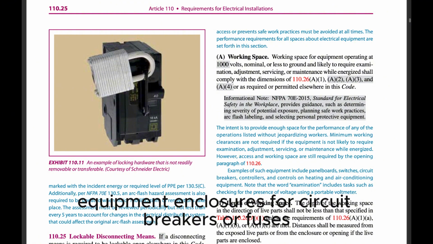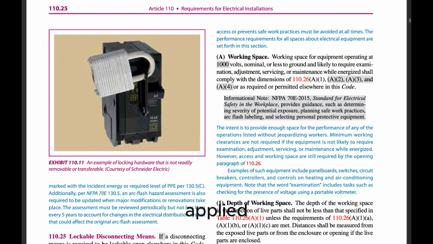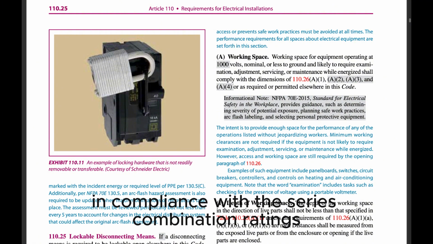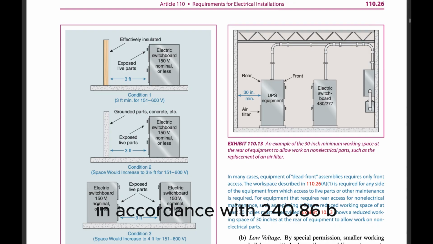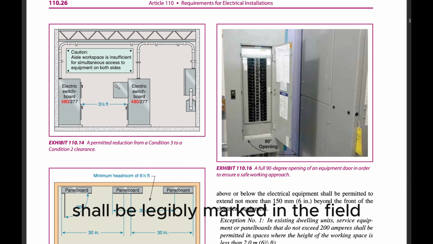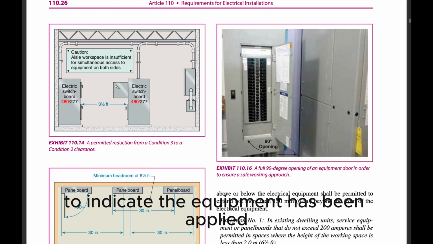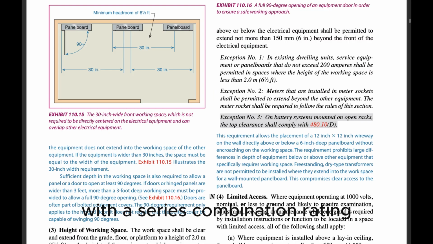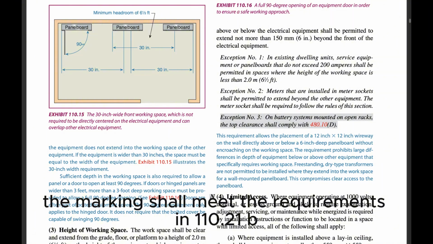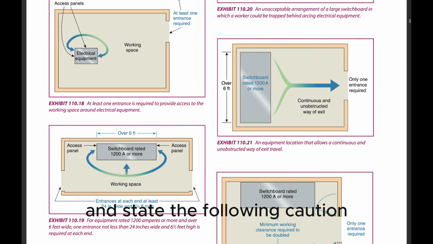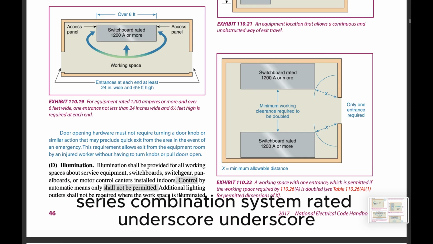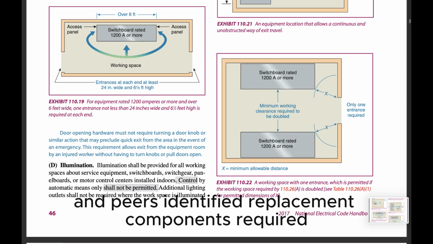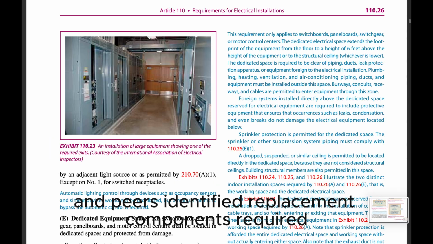Equipment enclosures for circuit breakers or fuses applied in compliance with the series combination ratings marked on the equipment by the manufacturer in accordance with 240.86(B) shall be legibly marked in the field to indicate the equipment has been applied with a series combination rating. The marking shall meet the requirements in 110.21(B) and shall be readily visible and state the following: Caution, series combination system rated ___ amperes. Identified replacement components required.